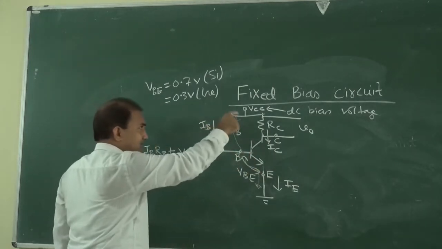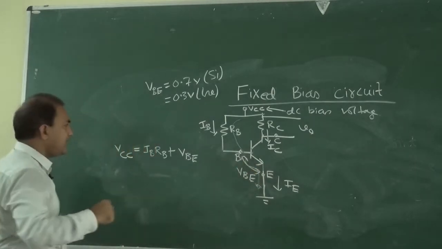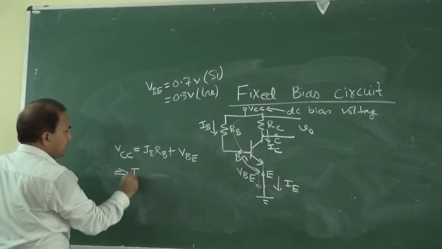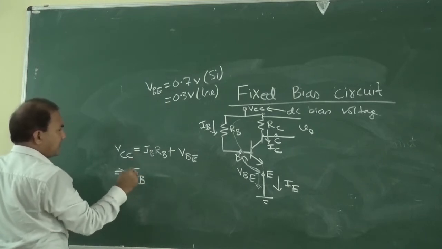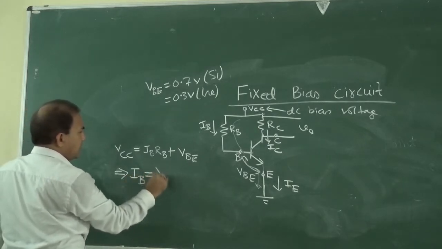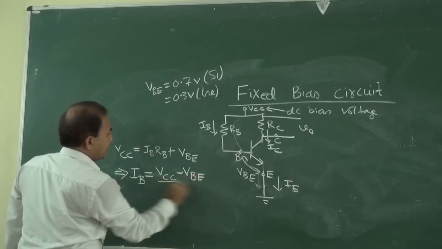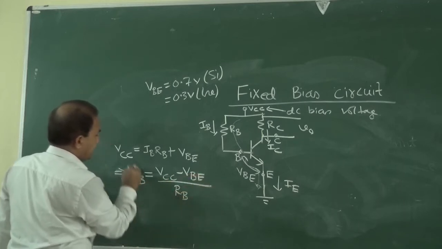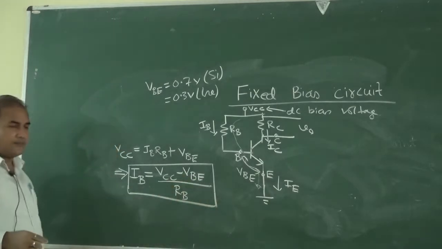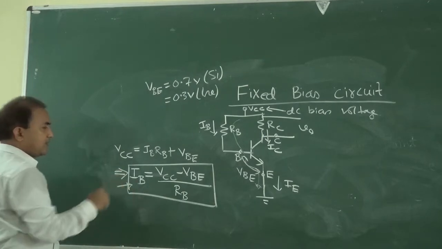So from this equation we can determine the value of IB, which is equal to VCC minus VBE divided by RB.